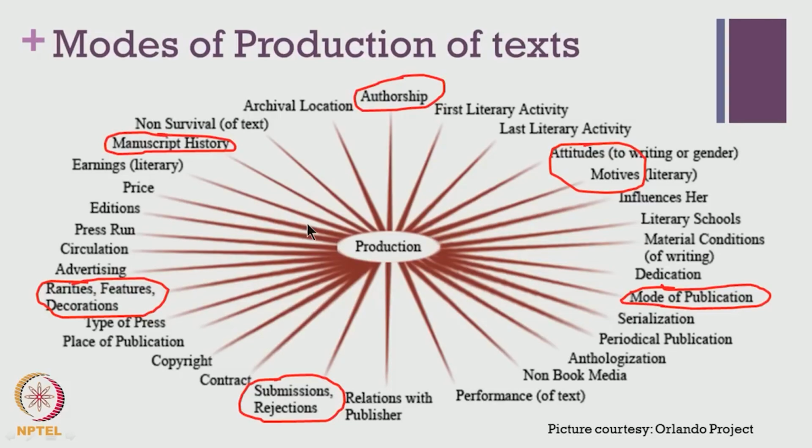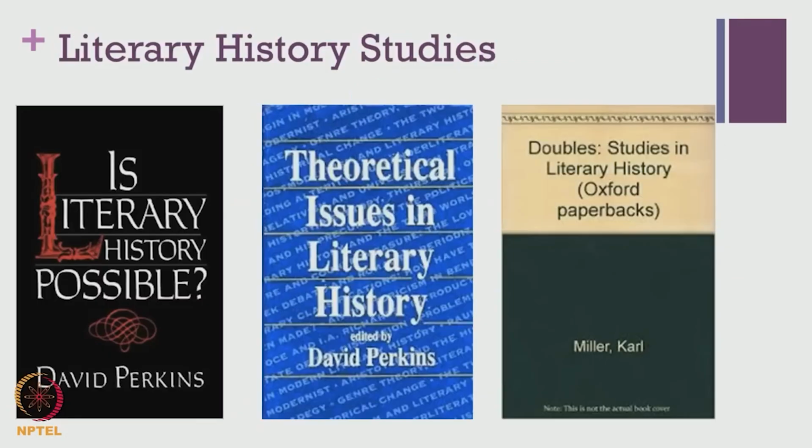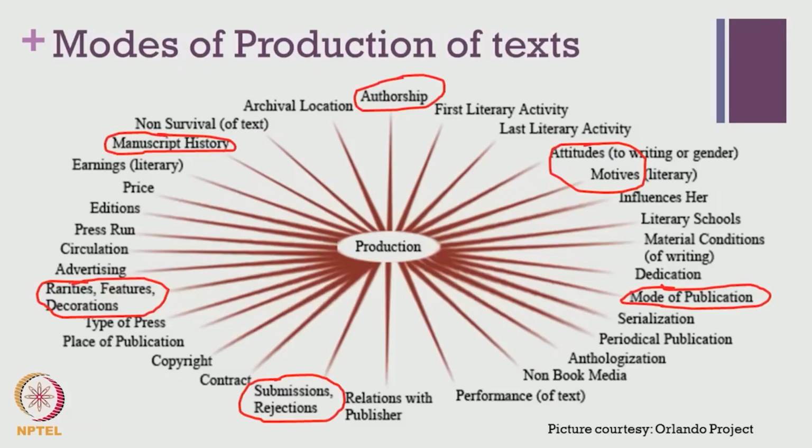This becomes important in understanding how a text had been disseminated over a period of time even before the advent of printing. So, these are the various aspects which we need to keep in mind when we talk about literary histories and the particular connections to authors, to texts, to nations, to communities, to identities, and so forth.